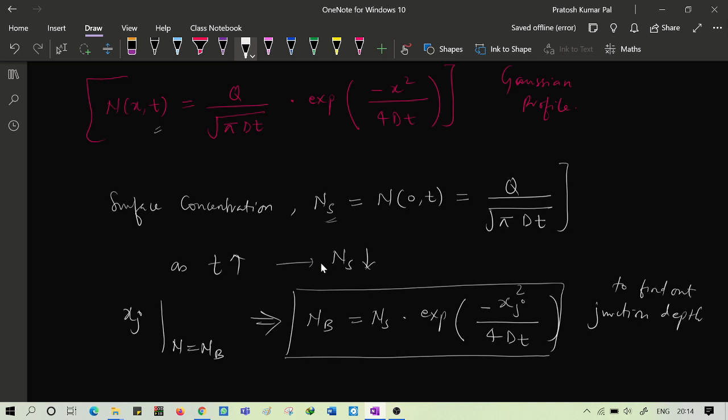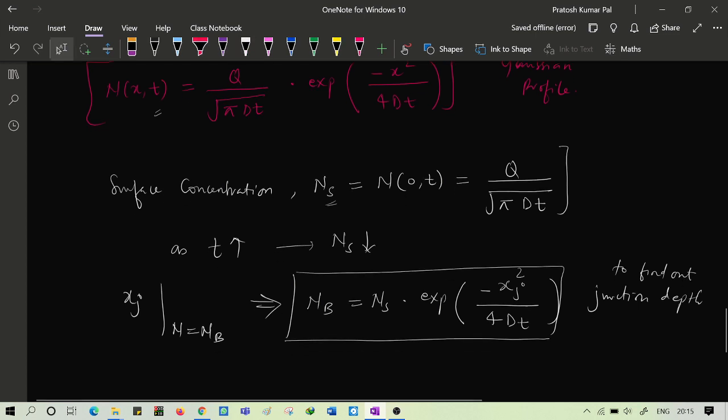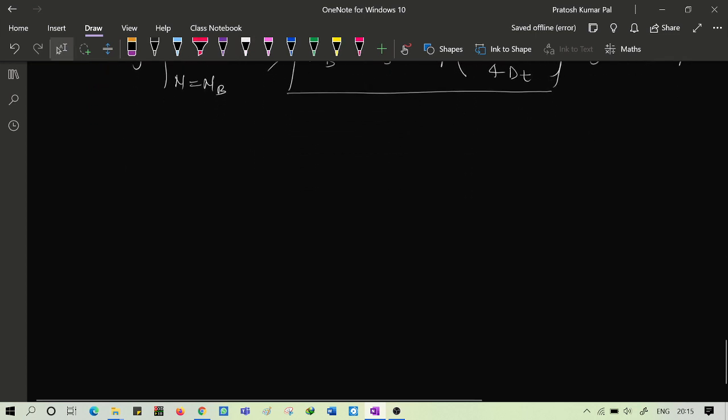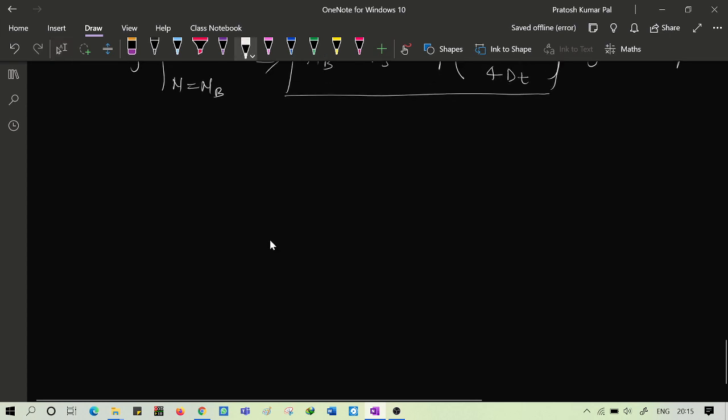The next point we will see is the plot of the concentration with respect to the diffusion depth. So here this is N and this is X, the diffusion depth or junction depth.